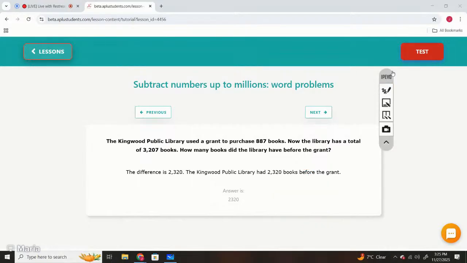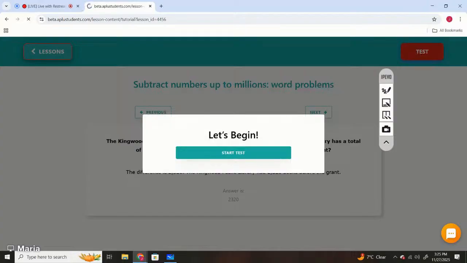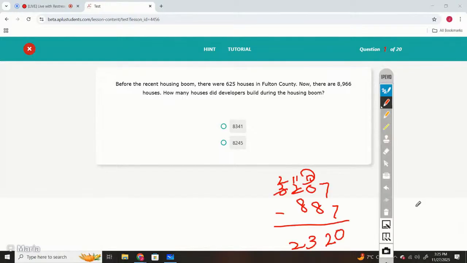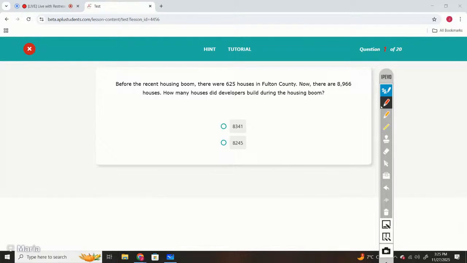Let's just start with the test questions. Before the recent housing boom, there were 625 houses in Fulton County. Now there are 8,966 houses. How many houses did developers build during the housing boom?